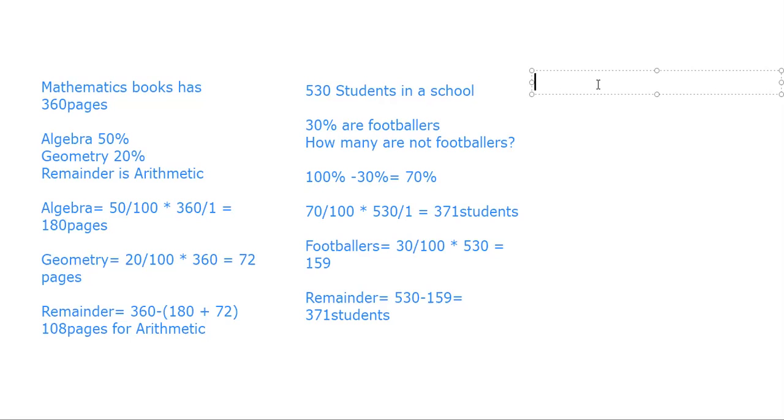is: a concert is attended by 2,500 persons. So 2,500 attendees, right? For the concert. They said that 47% are adult females.